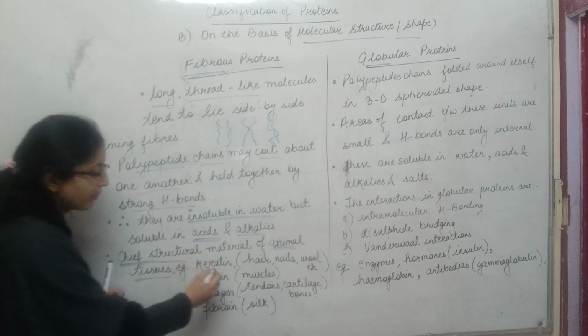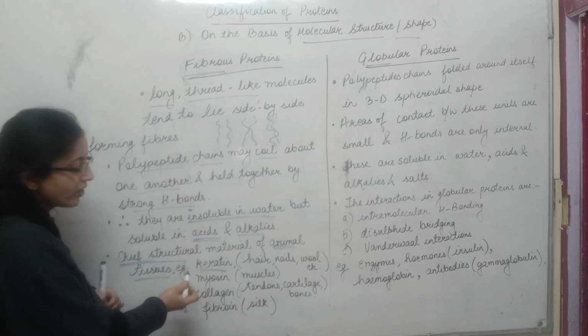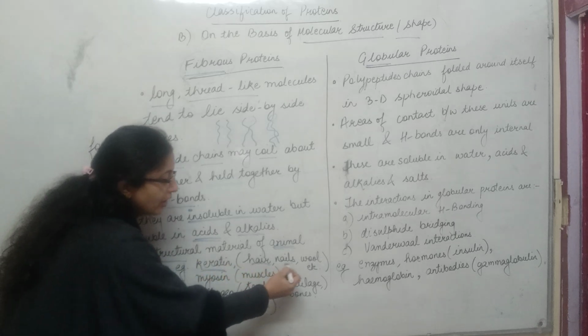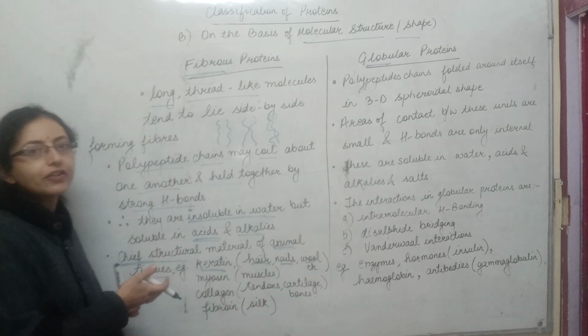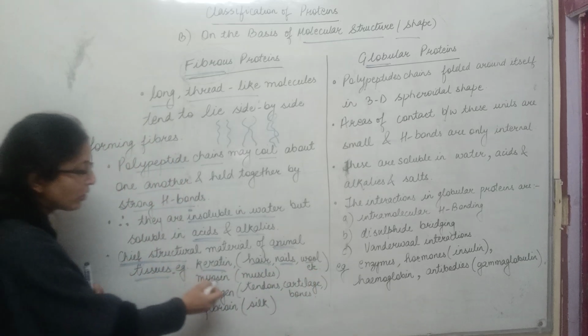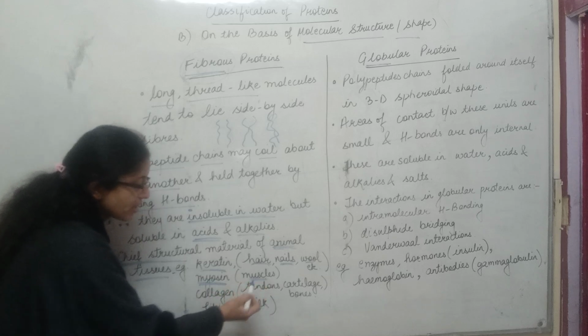For example, keratin. Where is keratin present? Keratin is a protein which is present in hair, nails, wool, feather, etc. Then myosin, another protein, is found in muscles.